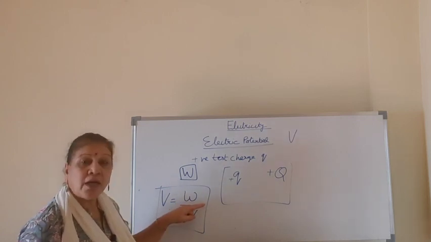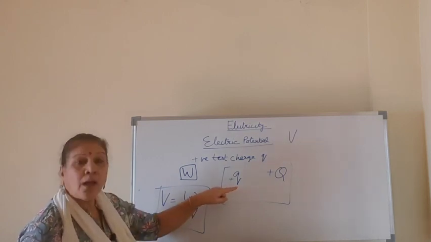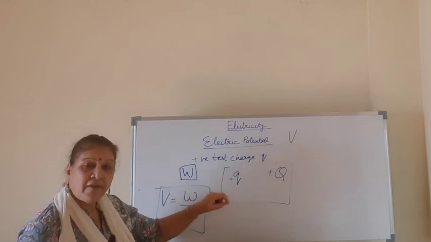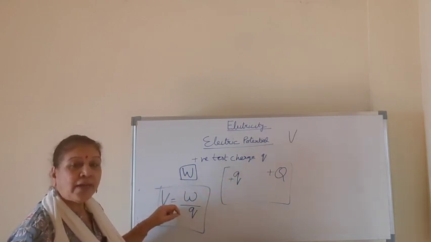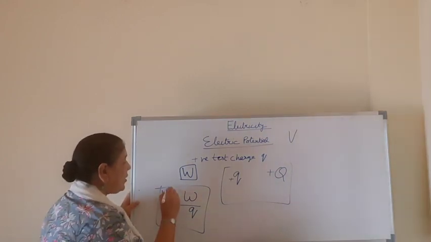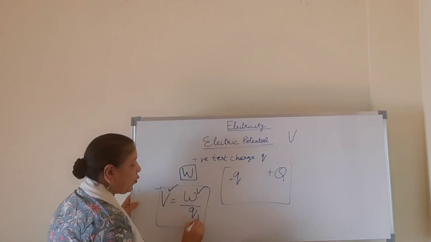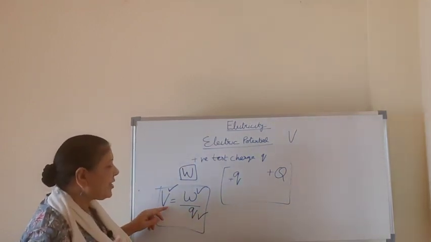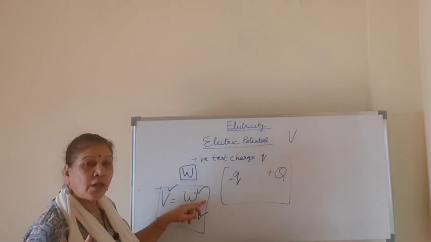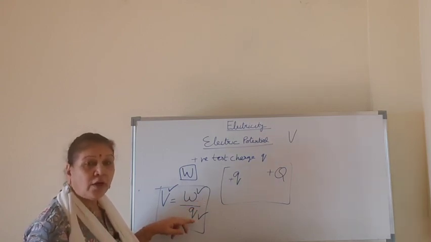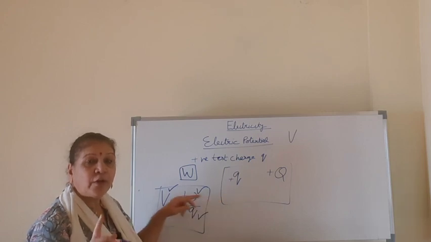The work done to bring one unit positive charge from infinity to any point is called the electric potential. So you have to put it in the definition, V, W and Q. I'm repeating it again: electric potential is the work done to bring unit positive charge from infinity to any point.